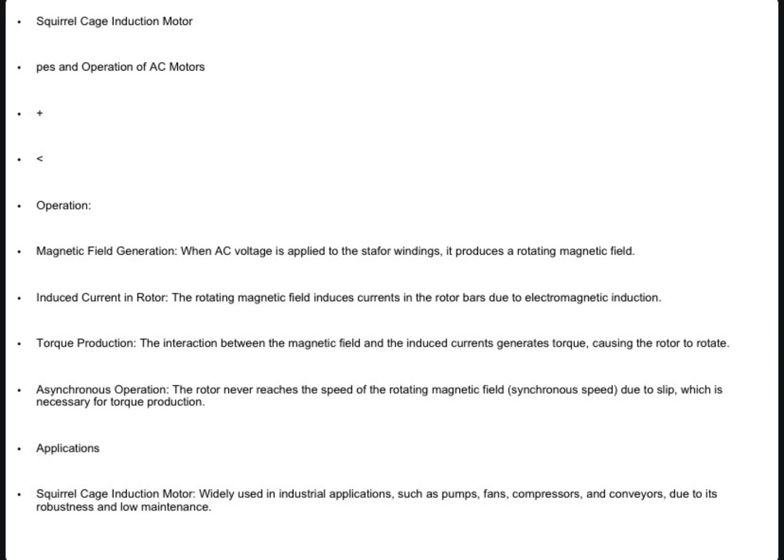Asynchronous operation. The rotor never reaches the synchronous speed of the rotating magnetic field due to slip, which is necessary for torque production. Applications. Squirrel cage induction motors are widely used in industrial applications such as pumps, fans, compressors, and conveyors due to their robustness and low maintenance.